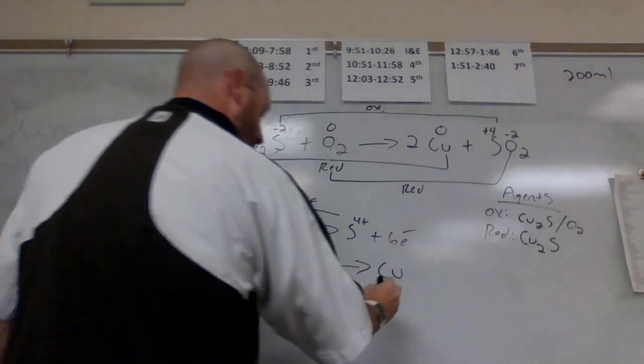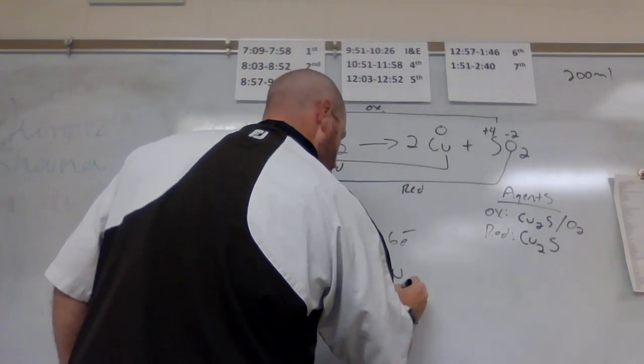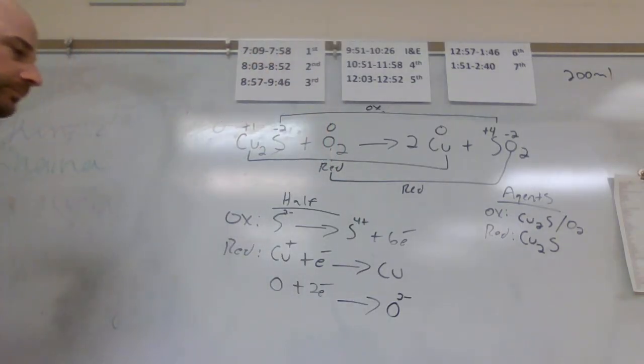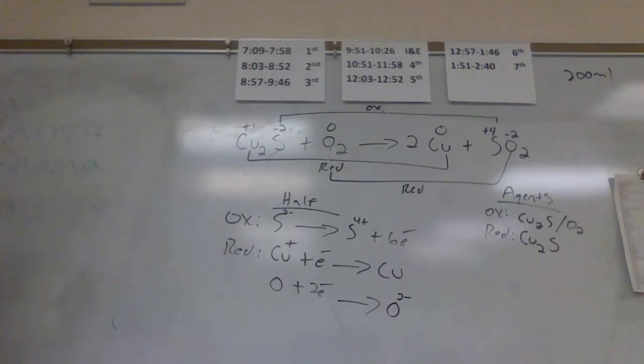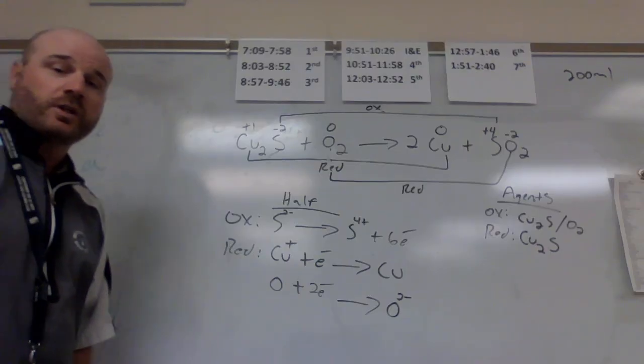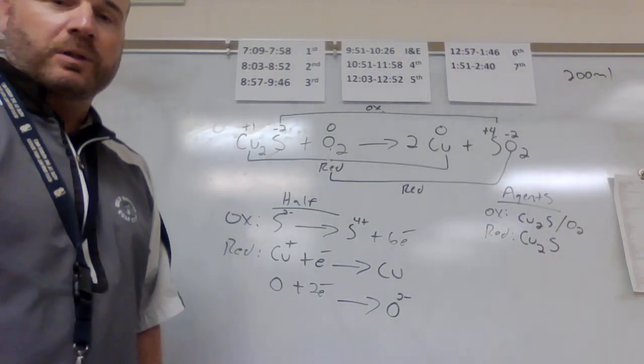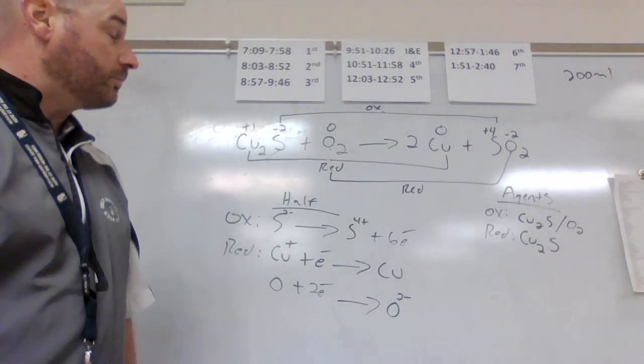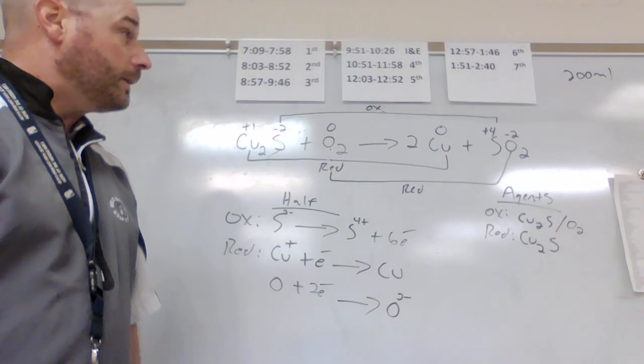And of course, that's going to give us 2 negative at the end. Okay, so there's all of our half reactions, agents, and oxidations and reductions. Again, I know for a fact I'm not going to give you something with multiples like that.